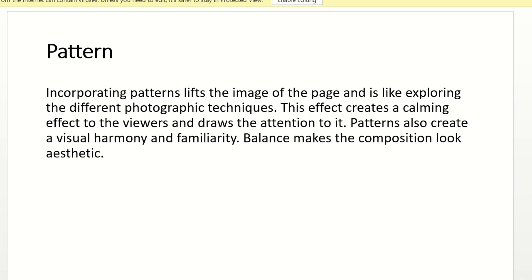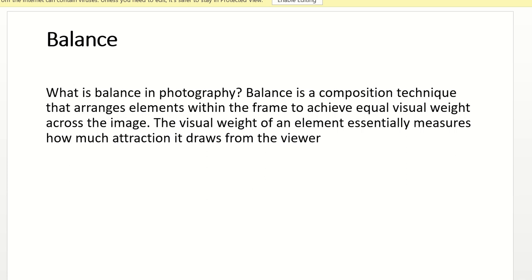Then our second principle is balance. Let's ask ourselves, what is balance? I'll give you an answer. Balance is a composition technique that arranges elements within the frame to achieve equal visual weight across the image.